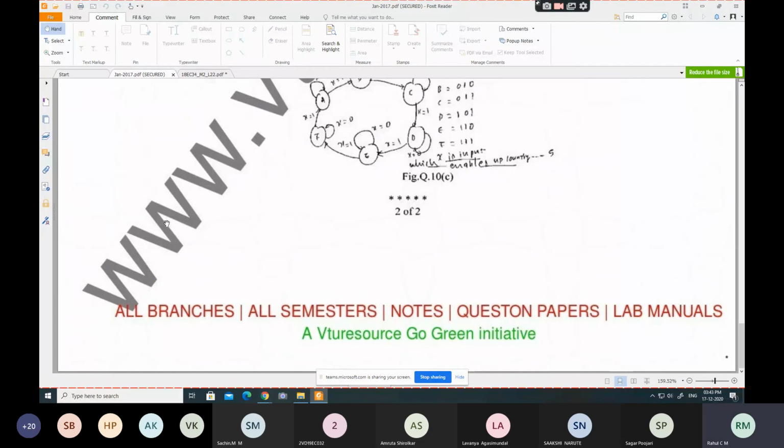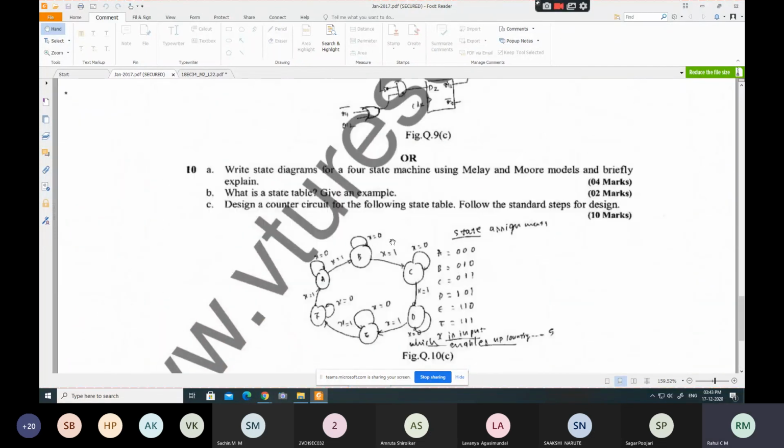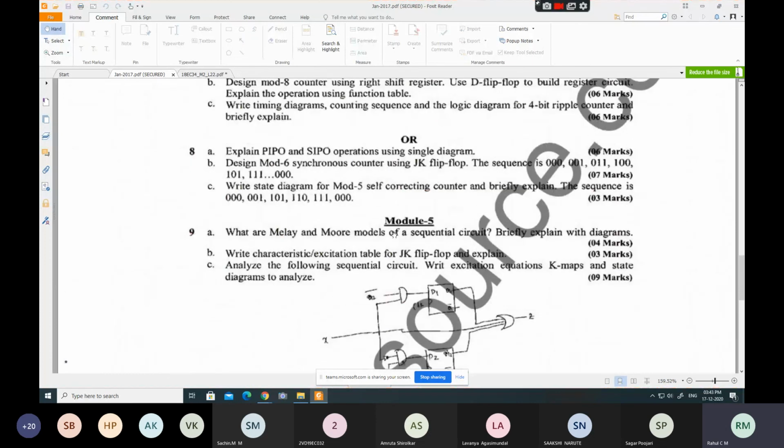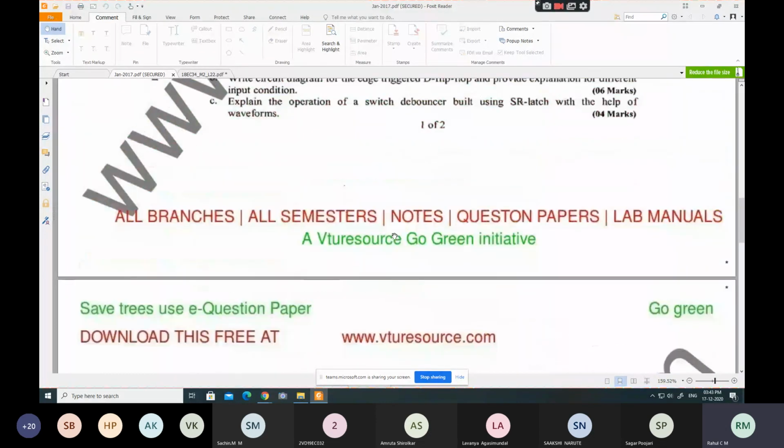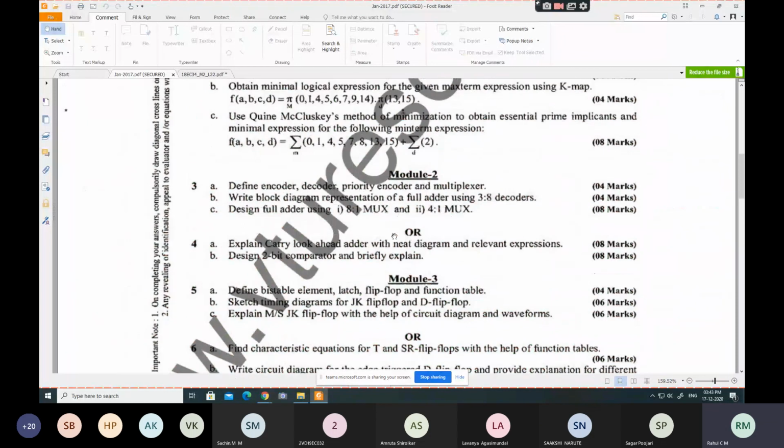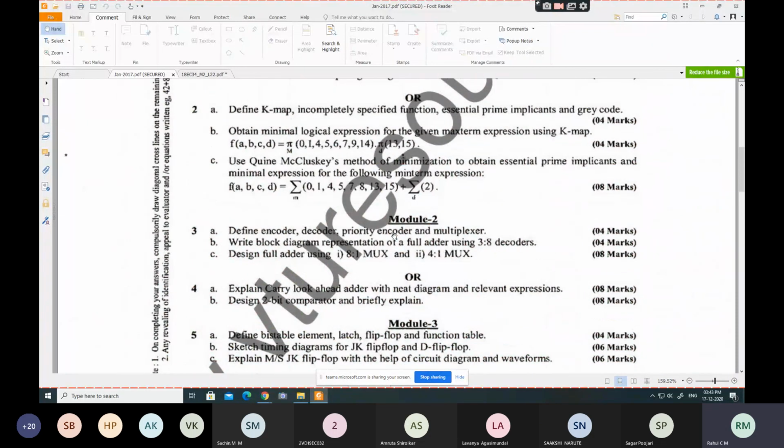Fine. So this completes another question paper. Reading the questions was very easy, but getting the answers is tricky and you'll waste time if you don't solve it properly. That was the main motto behind me spending some time explaining how to solve these questions, because ultimately you are going to write an examination.